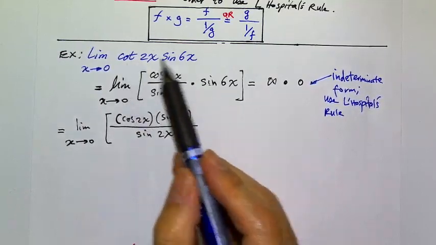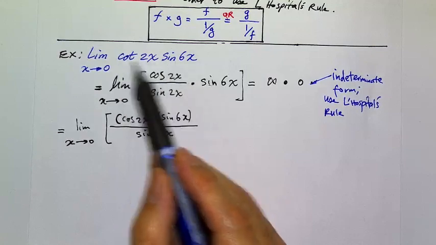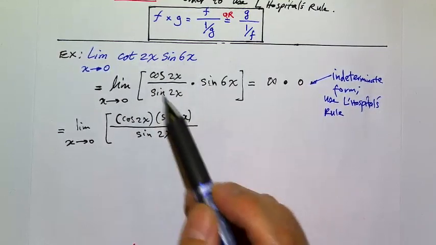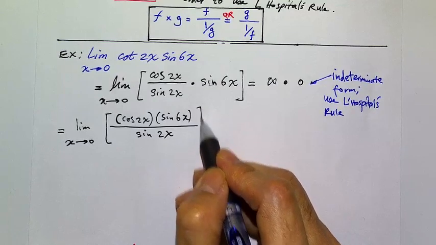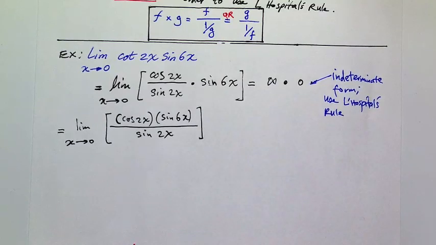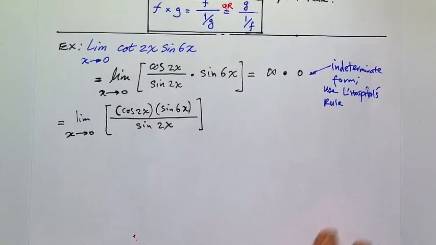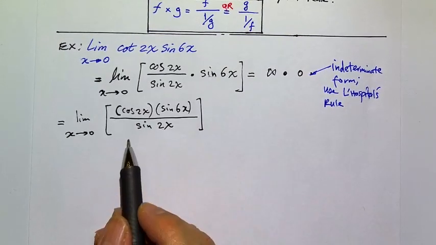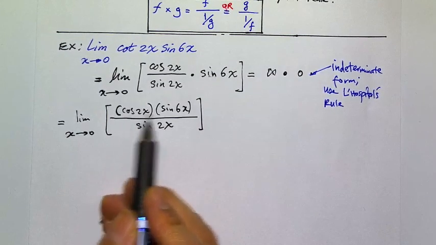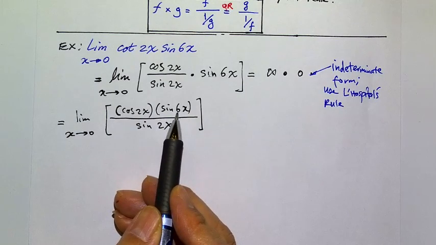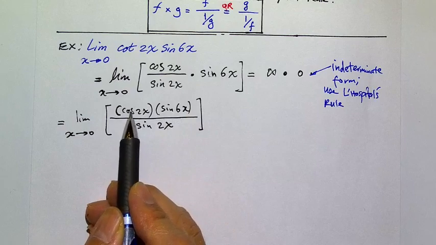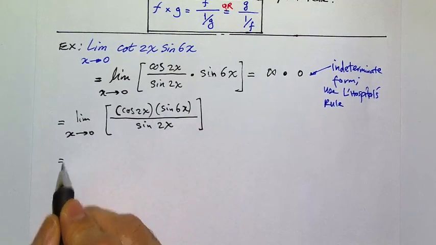Nonetheless, we have converted this expression into a piece that has a fraction, right? So that's the important thing before we apply the L'Hopital rule. Okay, so we're going to take the derivative of this, multiply it by that, and then take the derivative of sine of 6x multiplied by this, add it together, right? Well, let me do it actually.